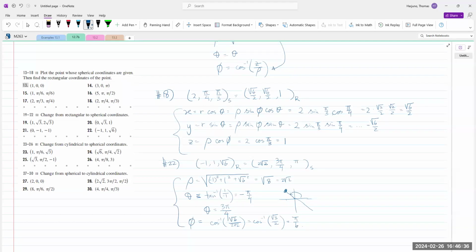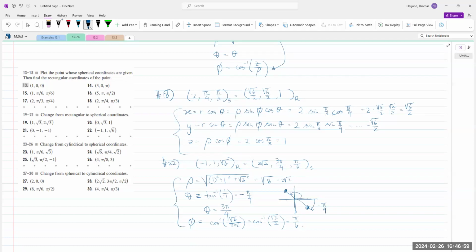Professor, on the previous one, when you got the theta from the inverse of tan, and you got -pi/4, where did you plug that -pi/4 in to see which quadrant it was in? Oh, -pi/4 is in quadrant 4, here. This is -pi/4.